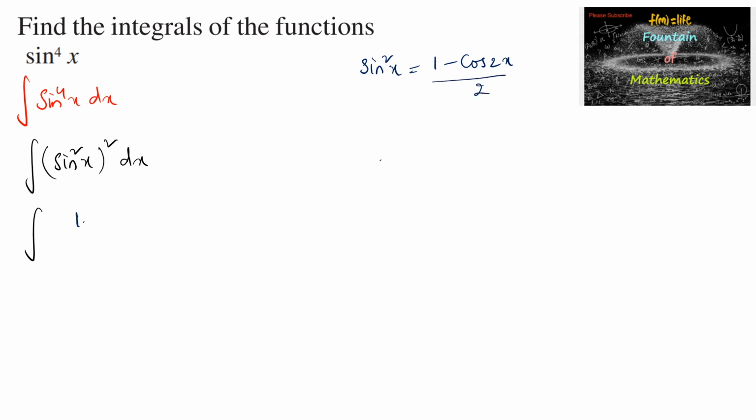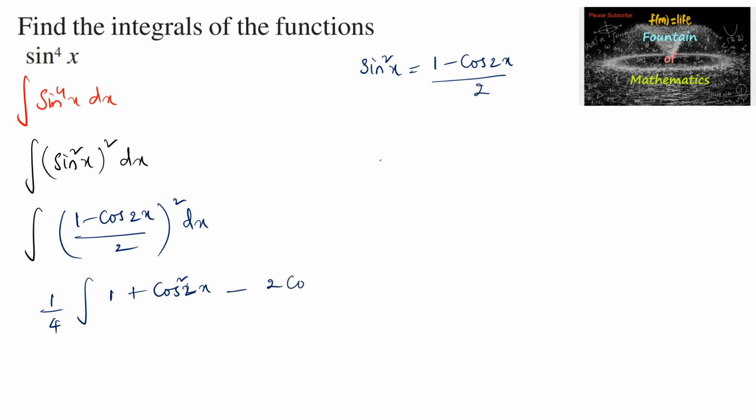So we can write here 1 minus cos 2x upon 2 whole square dx. That is 1 upon 4 times integral 1 minus cos 2x whole square, that is 1 plus cos square 2x minus 2 times of cos 2x dx.